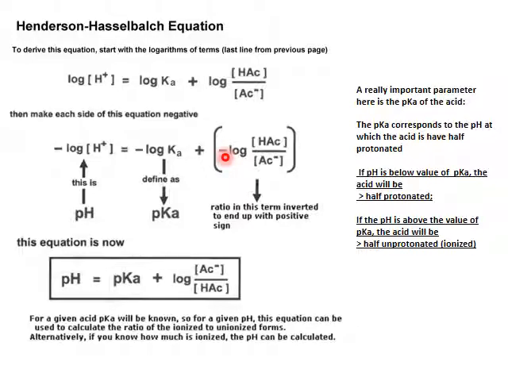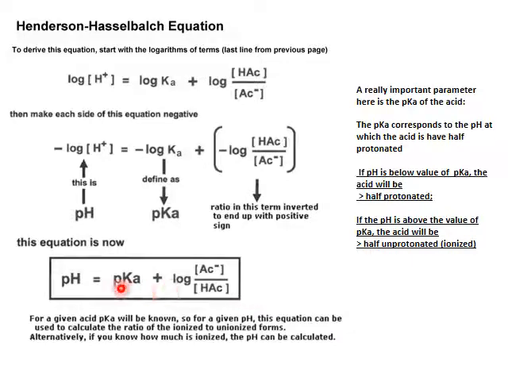Again, that's logarithm properties. And so then we have the log of the conjugate base over the acid, and we end up with this new expression here, which is called the Henderson-Hasselbalch equation, where the pH equals the pKa plus the log of the concentration of the conjugate base over the acid. Again, this is at equilibrium.